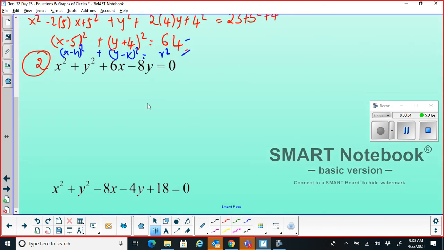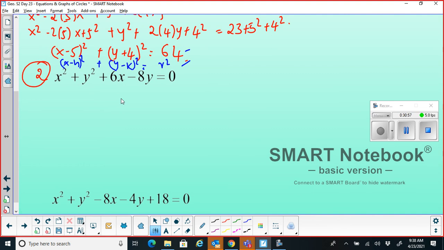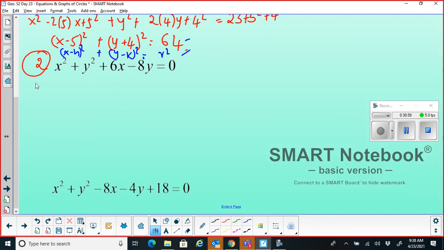There is one more, but we'll just complete this one and I'll give you the rest of the class time to work asynchronously after having completed this. So let's observe here, let's get x terms together, x square plus 6x plus y square minus 8y equals 0.